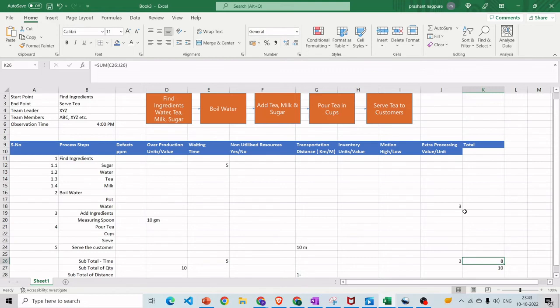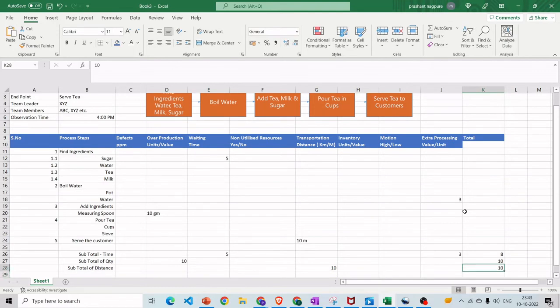I had wasted 8 minutes. I wasted 10 grams of sugar, and I traveled 10 meters, which was a waste. So in total we can say that this was the total quantity of time, effort, units, etc. that got wasted.